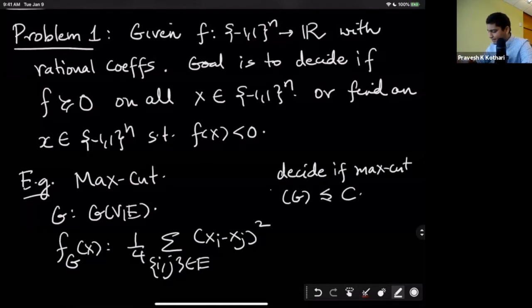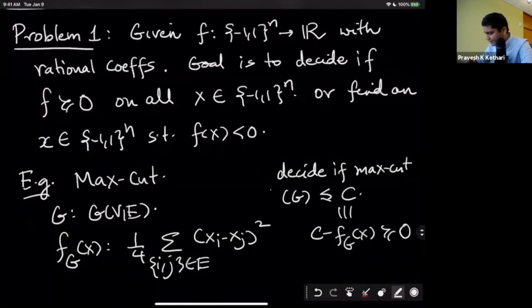Then that's the same as testing whether C minus f_G(x) is identically non-negative on all x in the hypercube. Because if the max cut is at most C, then for every x in the hypercube, this polynomial which computes the size of the cut must be at most C, so C minus f_G(x) must be non-negative.